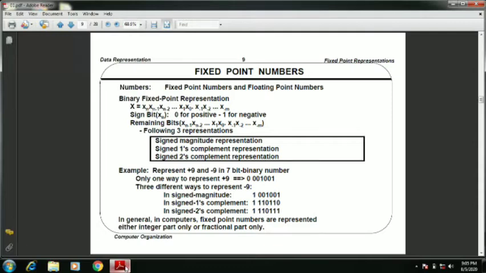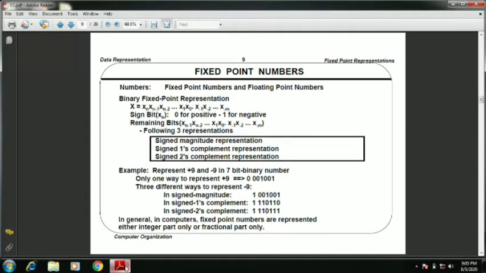All other remaining 6 bits are called magnitude bits. So 9 has a plus sign because 0 represents positive. When the most significant bit becomes 1, the number is called negative.